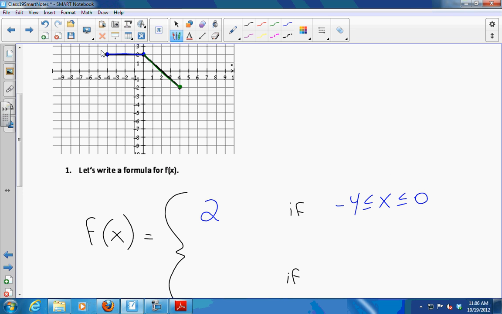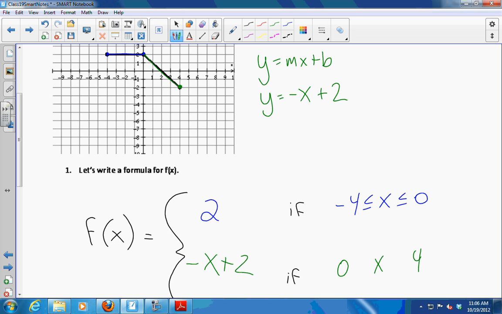Okay, so the equation of this green line, if we use y equals mx plus b, the slope is -1, and the y-intercept is 2. So this would be -x plus 2. And what x values does that piece of the line cover? 0 to 4. So I'll put 0 less than x, less than or equal to 4.